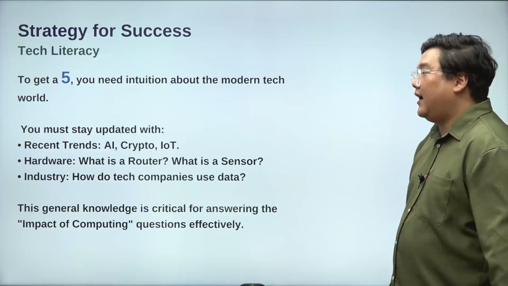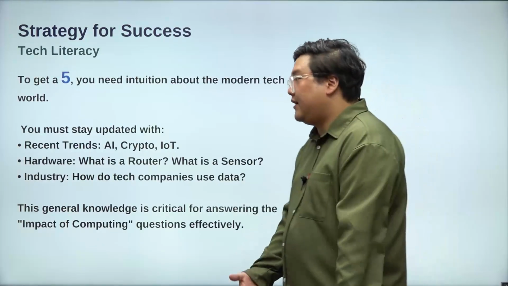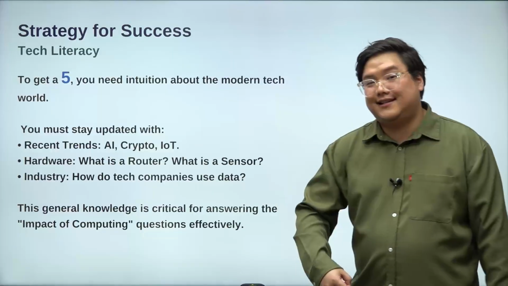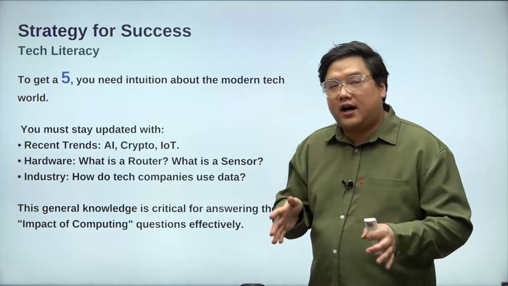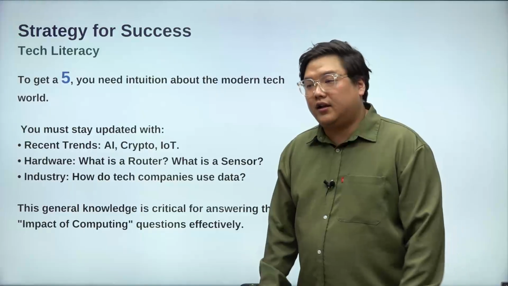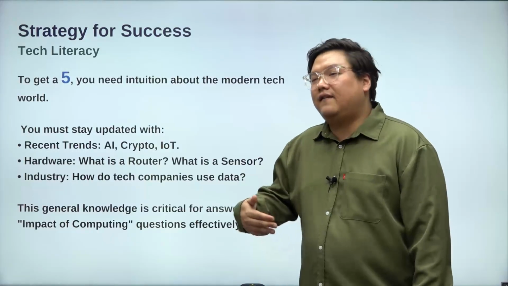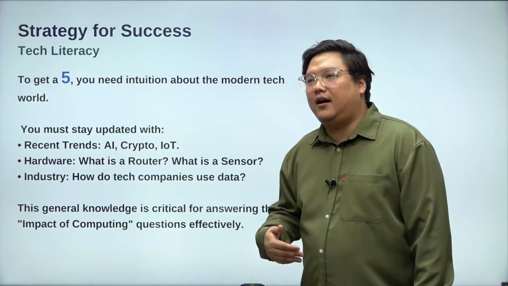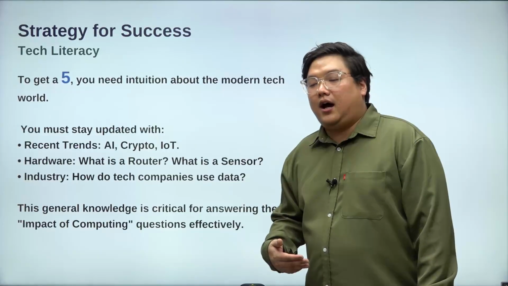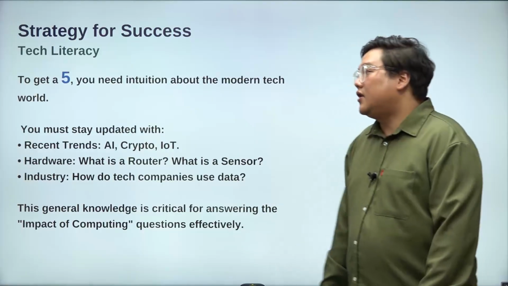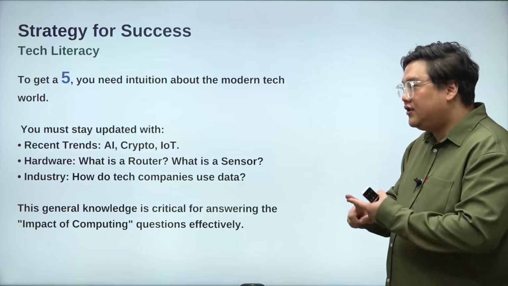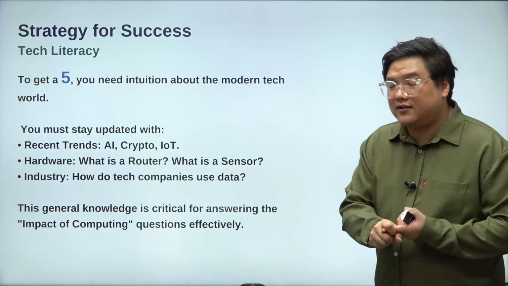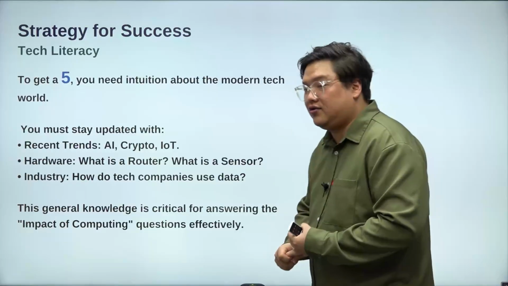And that's why I always recommend my students to develop their tech literacy, meaning apart from studying all of the concepts involved with the curriculum, you also need to keep being updated with current events. So to get a 5, you need intuition about the modern tech. You need to stay updated with recent trends, hardware, industry.